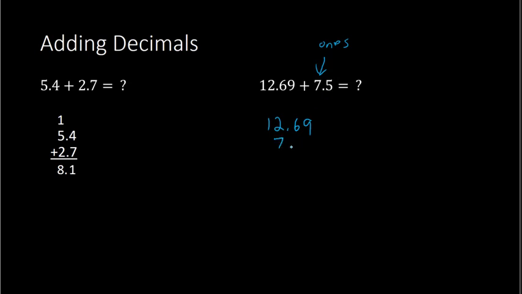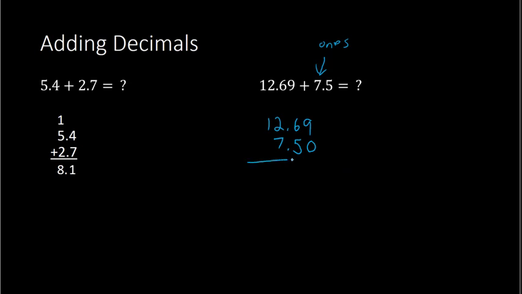And then you have 0.5. The 5 is the tenths place, which lines up with the tenths place of 12.69, the 6. And if you want, you can put a 0 at the end of 7.5 to show that there's 0 in the hundredths place.